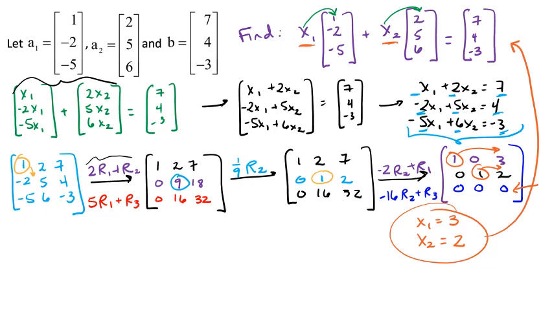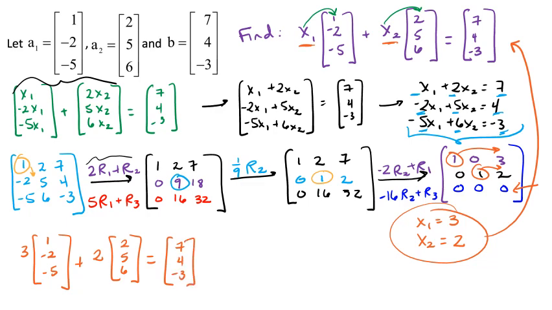So if I do that, I have 3 times the matrix here plus x2, which is 2, times this matrix here is equal to this matrix. You can go ahead and check it. To do that, you'll multiply everything here by 3, everything here by 2, and then add them to get this matrix here. And you should find that it works out. Not so bad, right?